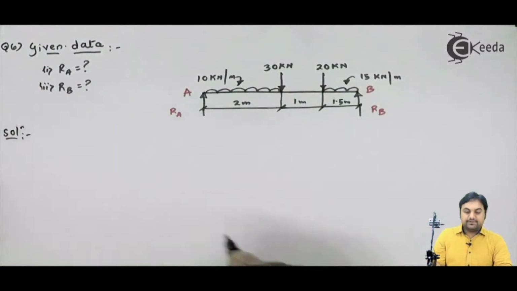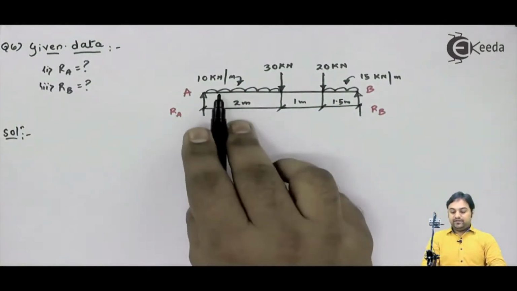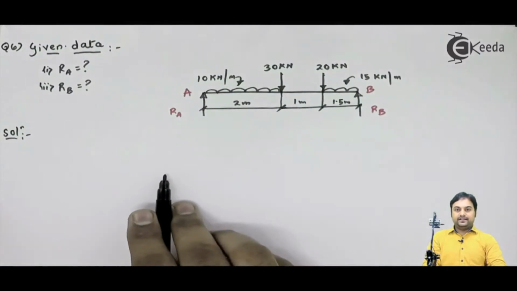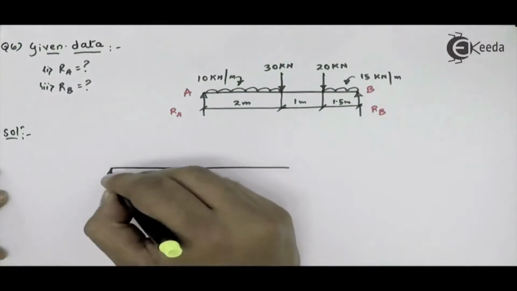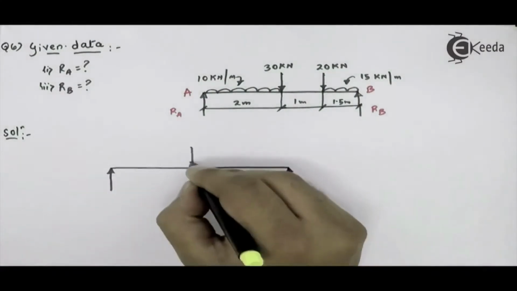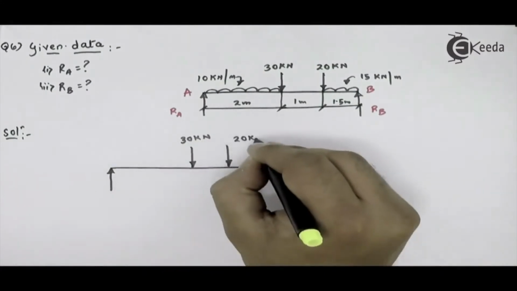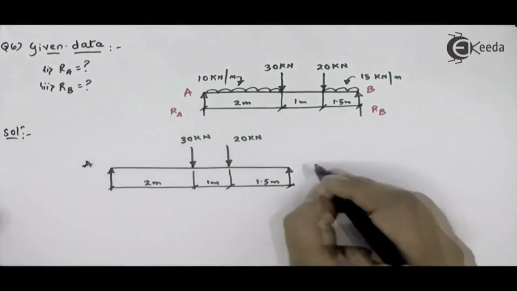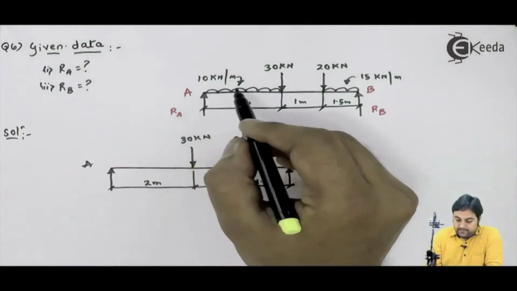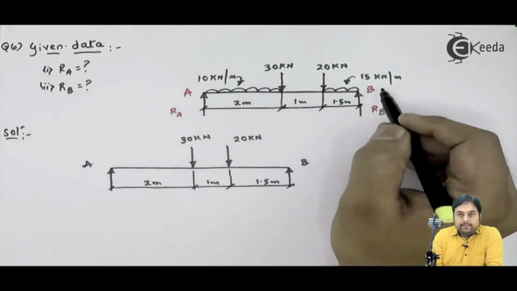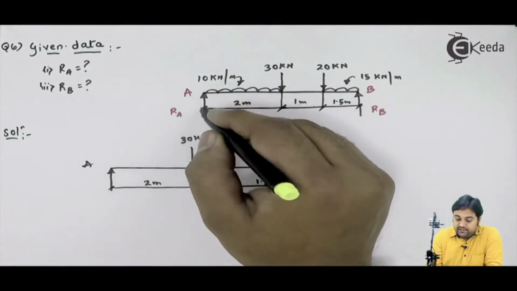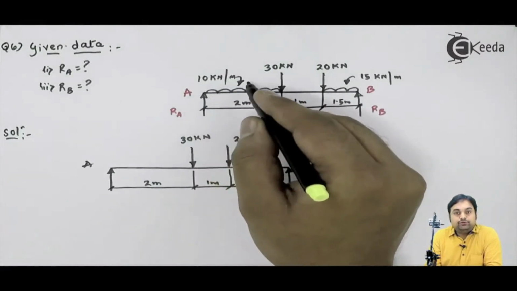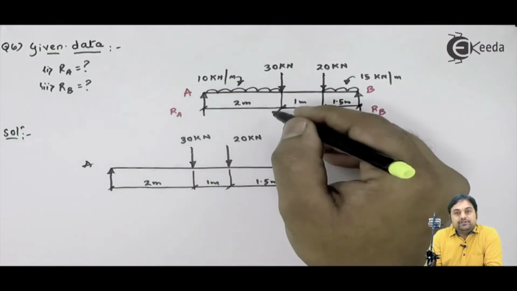In the solution part, first we will be converting the UDL into a point load and drawing this beam diagram again. We can say that here we have a beam AB. Next, between A and 30 kilonewton load, there is UDL of 10 kilonewton per meter for 2 meter distance.